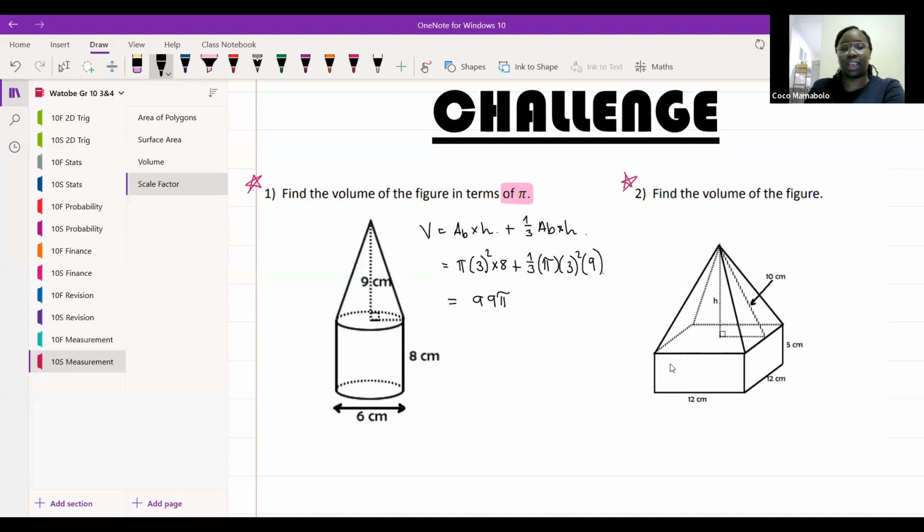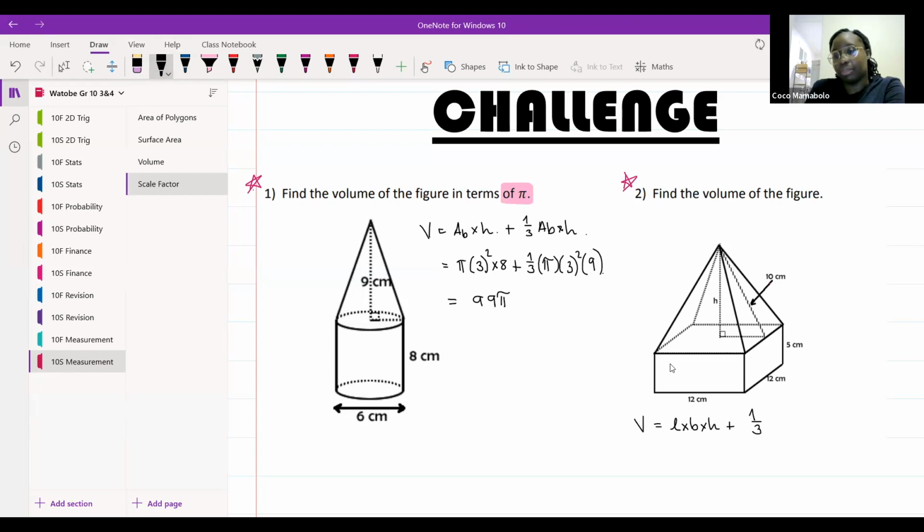Okay, on this side over here, my base is a rectangular prism, or actually it's a square-based prism, but rectangular, it's fine. So I know that the volume of my base at the bottom is going to be length times breadth times height, plus a third of, now here comes the kicker.